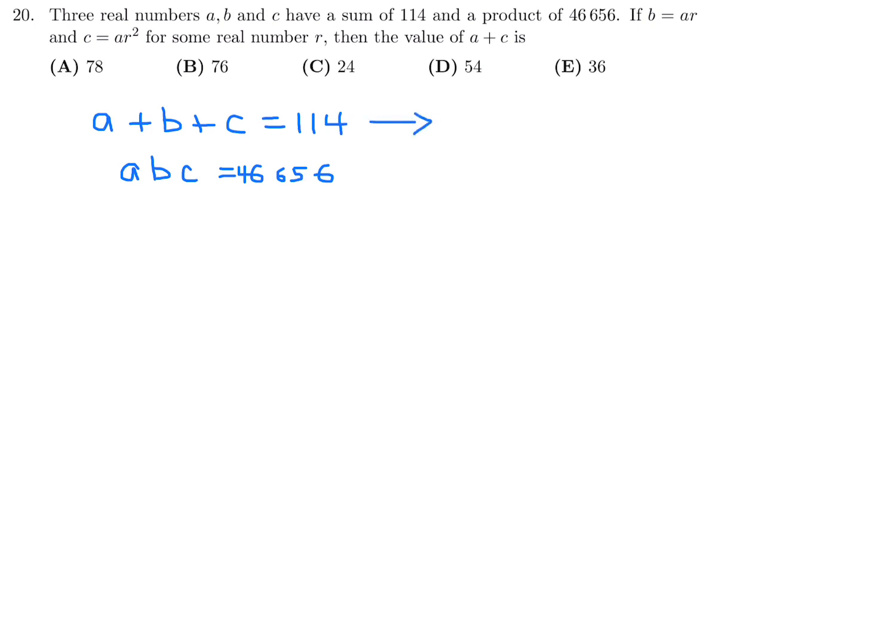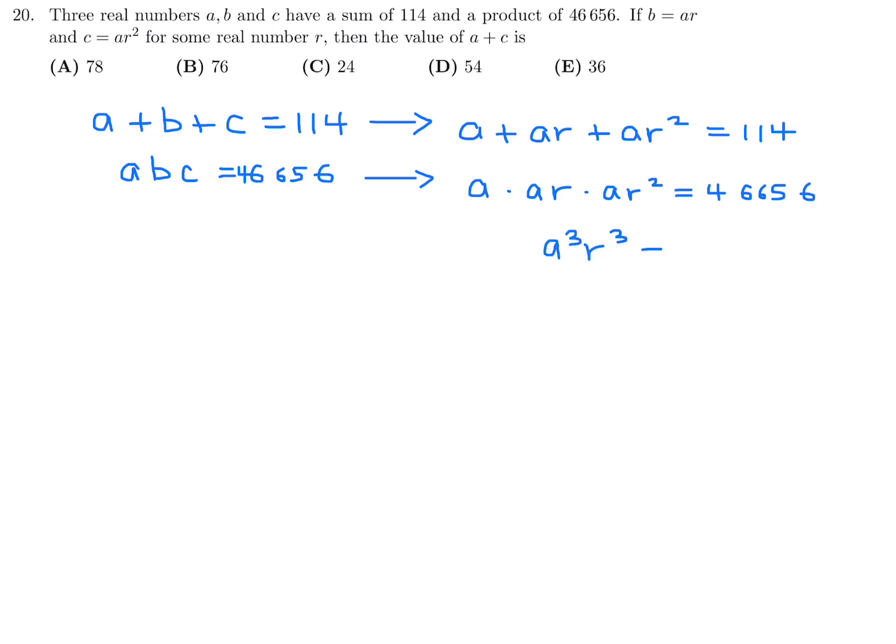And if I do, I get A plus AR plus AR squared is equal to 114. And then if I substitute those same values into that one, I get A times AR times AR squared is equal to 46656. All right, now this one becomes A to the power of 3, R to the power of 3.